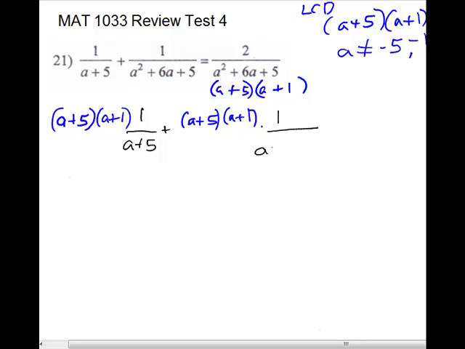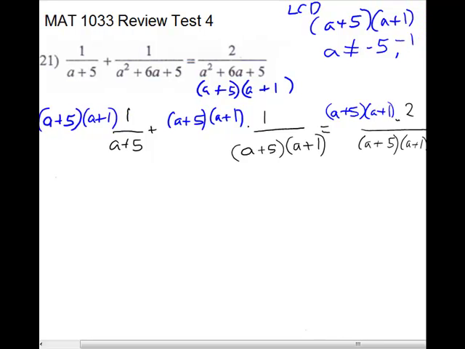I'm going to go ahead and keep this in factored form. It's going to cancel anyway. Alright, and then I have my equals, and I'll do the a plus 5 and the a plus 1 times 2 over a plus 5 and a plus 1.